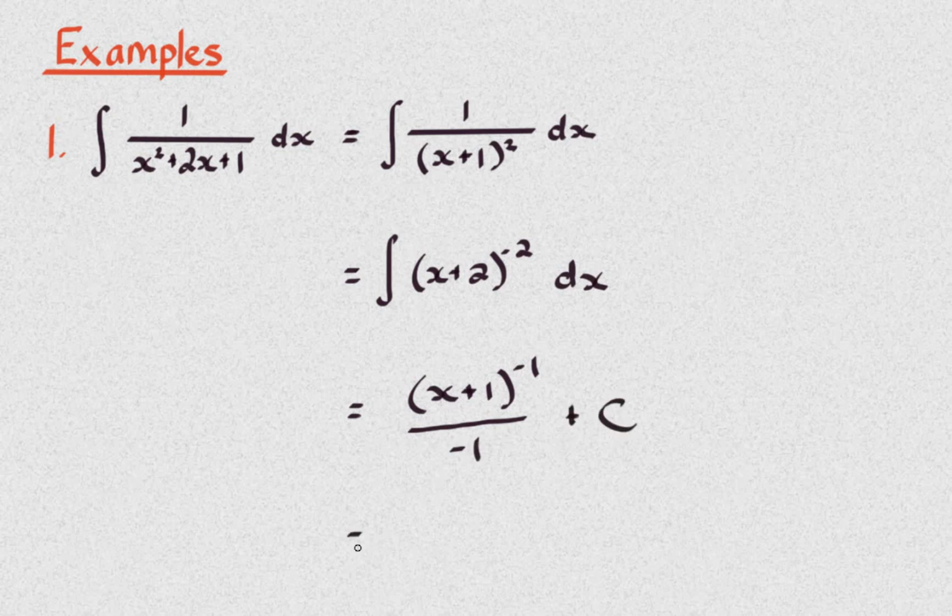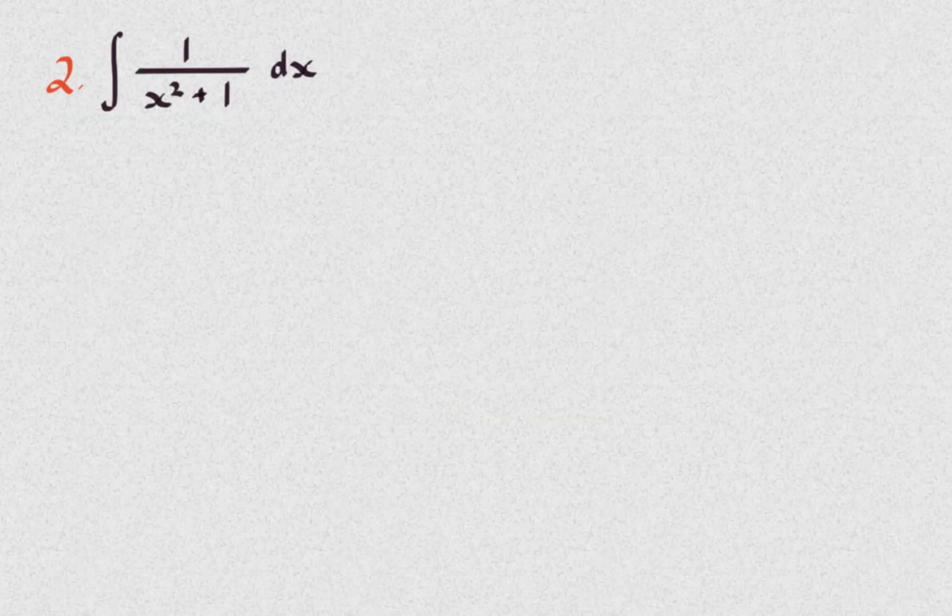There's our constant of integration. And just tidying things up, we get minus 1 over x plus 1. All of our examples will be indefinite in this video, so we'll keep tagging on that plus c. Okay, so that's the first one, quite straightforward. On to our second example.